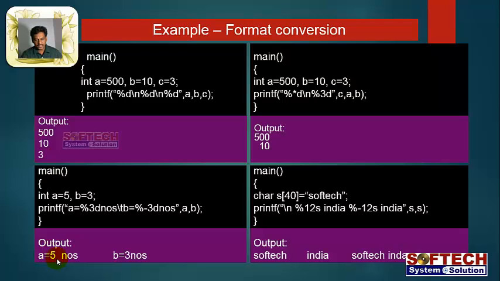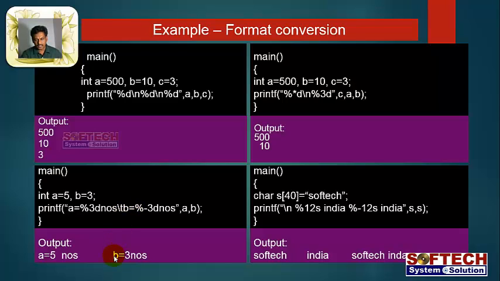So it displays 5, then it leaves 2 blank spaces, then displays numbers. 5, 2 blank spaces, because it is %3d. It allocates 3 spaces. In the first place the value is displayed, and the remaining 2 spaces are just blank. Then it displays numbers backslash t.